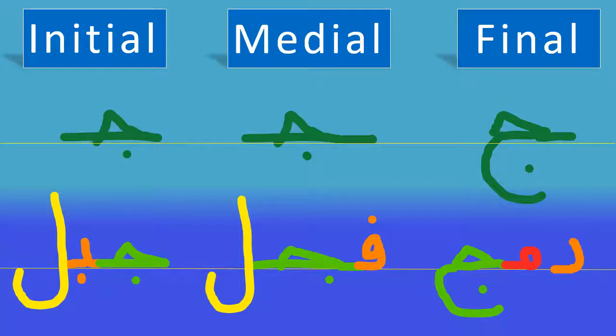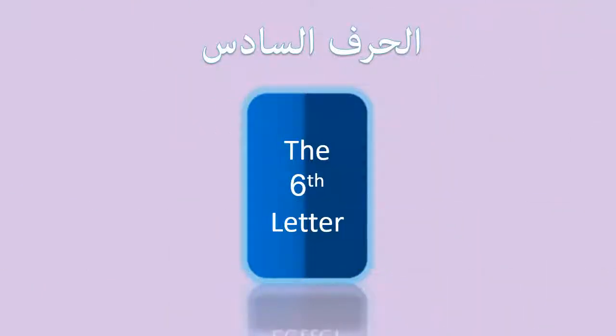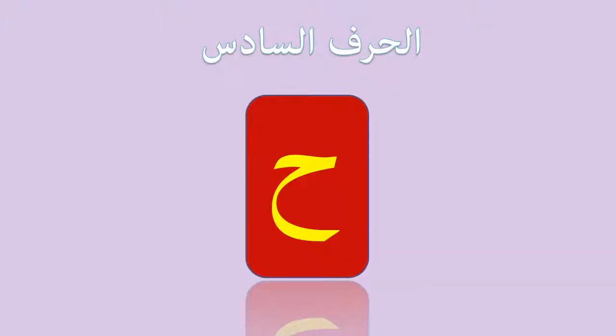Now let's have a look at the 6th letter of the Arabic alphabet, which is the Ha. Now this letter has no equivalent in English, as we have mentioned. Now the upper part of this letter looks like number 7. So the transcription of this letter can be written this way, Ha.